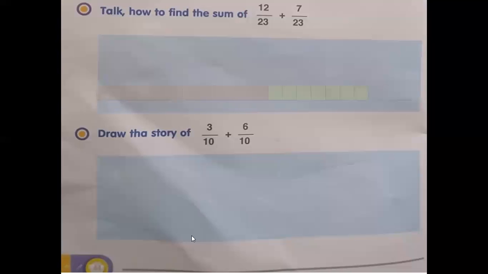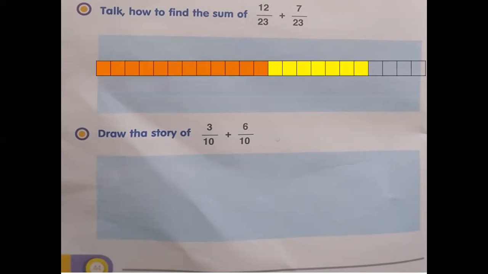Okay, the next one, here we have to find the sum. So we are going to add 12 plus 7 over 23. So we are going to draw a rectangle and divide it into 23 equal parts.